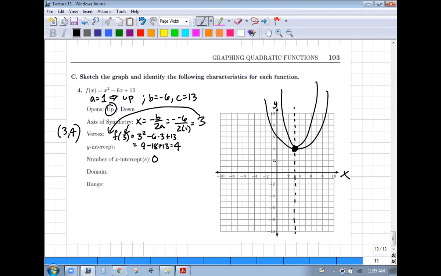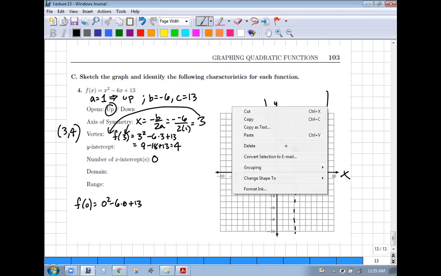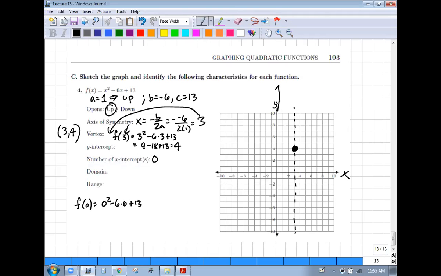Where it crosses the y-axis, that's where x is 0. So if we look at f of 0, we get 0 squared minus 6 times 0 plus 13. So it's not this, it's not this. We'd have to go up to 10, 11, 12, 13. So it looks like that.